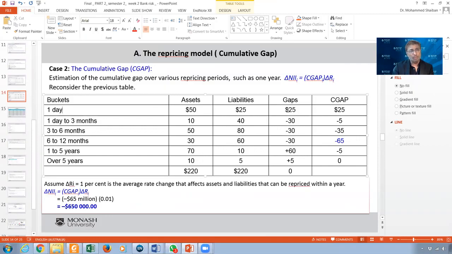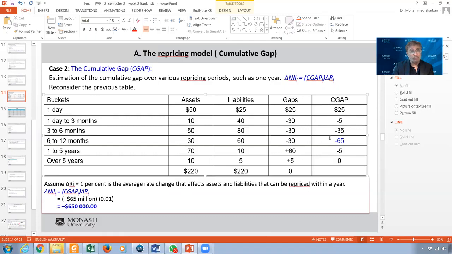So here, for example, 25, then these are the same numbers I get from the last slide. This is 30, so you have to decrease this from this. Now you are accumulating: 1 day to 3 months is actually minus 5. Cumulative 3 to 6 months, from 1 day to 6 months, is minus 5, minus 30, minus 35.